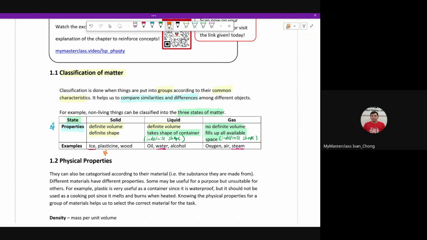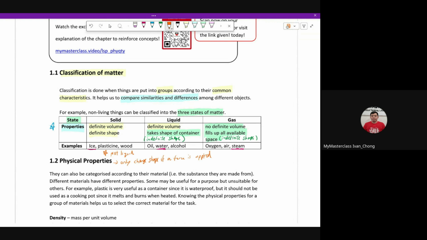The thing is, it is not a liquid. Why? Because it has definite shape. It only changes shape if a force is applied. What this means is that if I don't touch my plasticine and just place it on the table, it doesn't behave like a liquid.